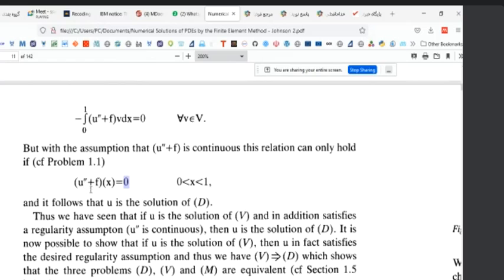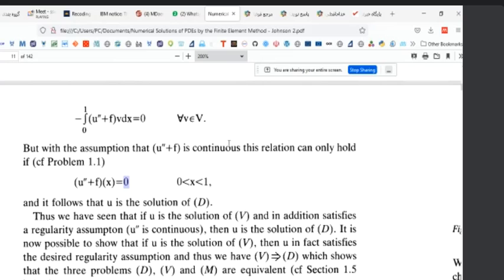This is the same as minus u double prime equals f, which is our differential equation, and every u that satisfies this differential equation is a solution of V.